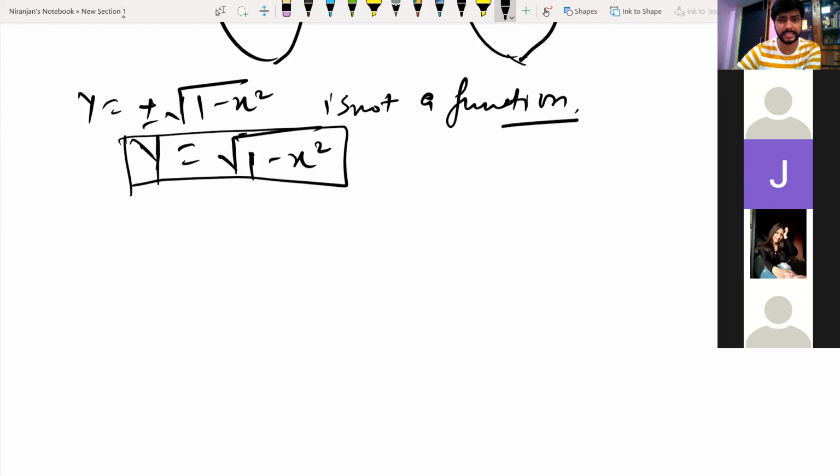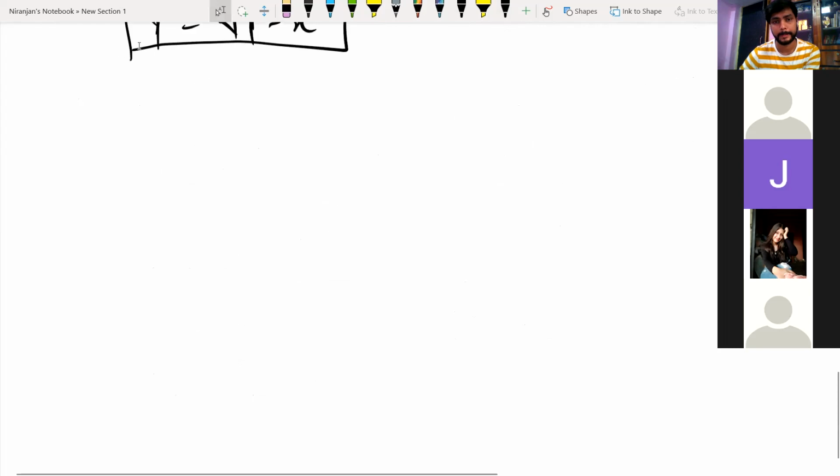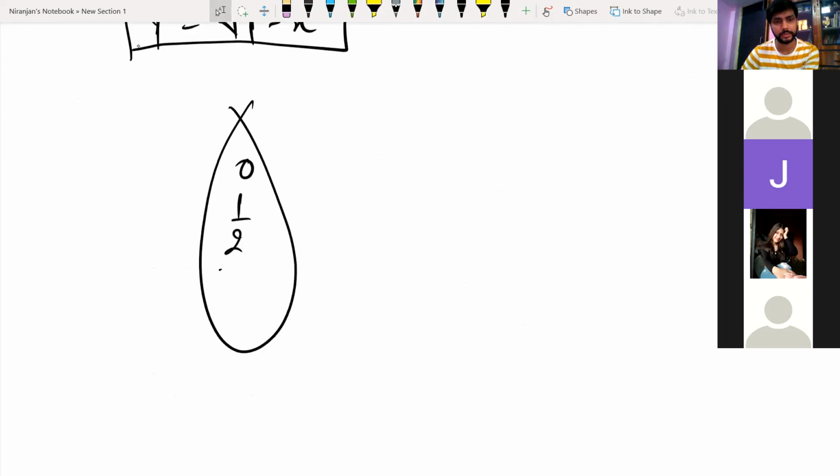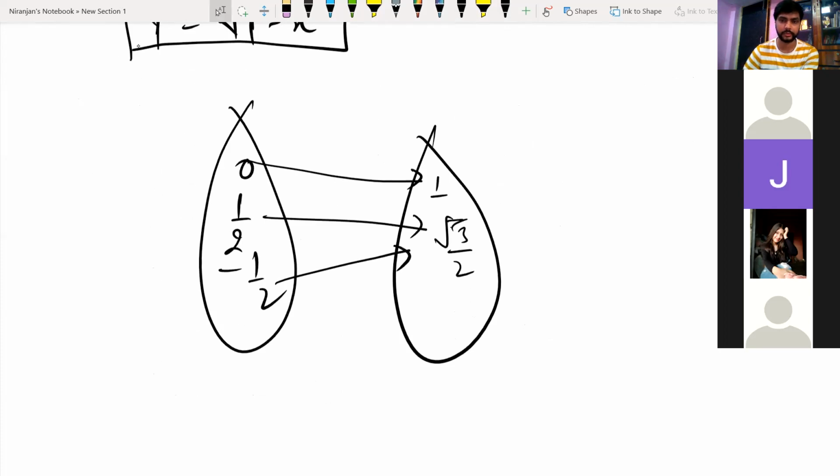So whether I choose 0, 1 by 2, or minus 1 by 2, from 0 I'll get 1, from 1 by 2 I'll get root 3 by 2, and from minus 1 by 2 I'll get root 3 by 2.